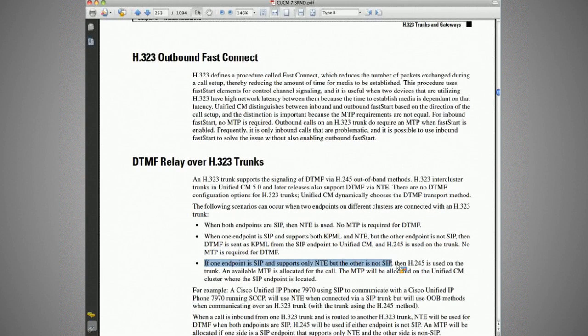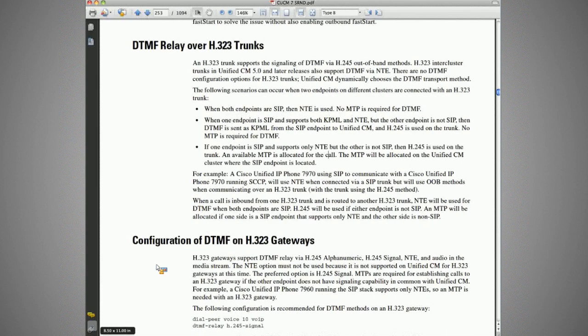If one side is SIP and supports NTE, the other is not SIP, and H245 is used in the trunk, then an available MTP is allocated for the call.